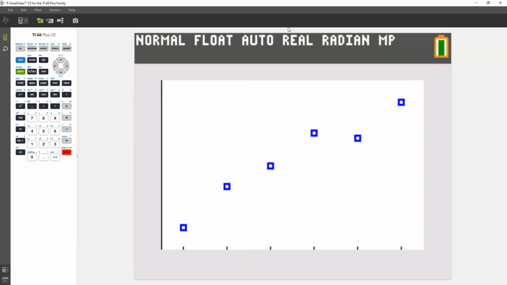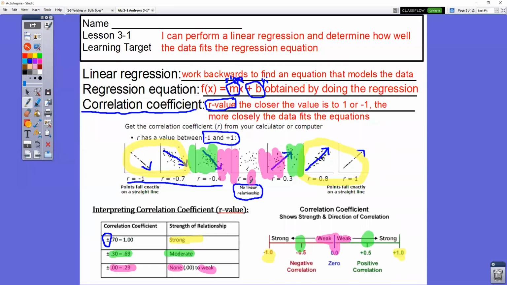Remember, when we look at strong and weak correlations, a strong positive, this would be a strong positive right here. It forms almost a straight line and it's going up, going from left to right.